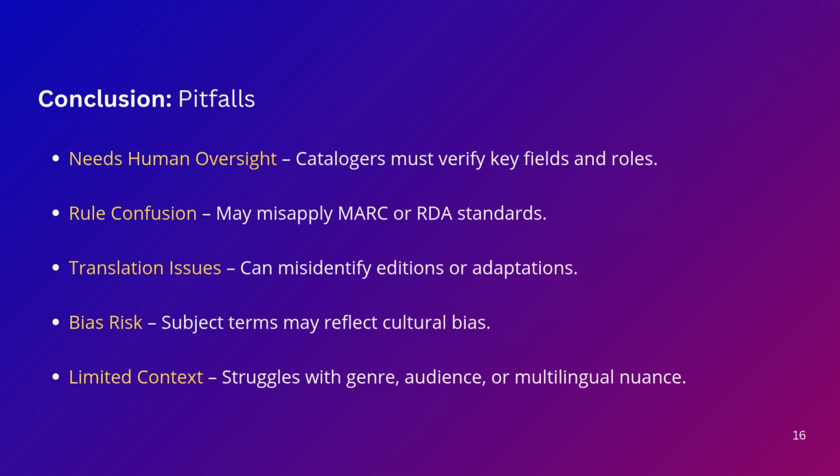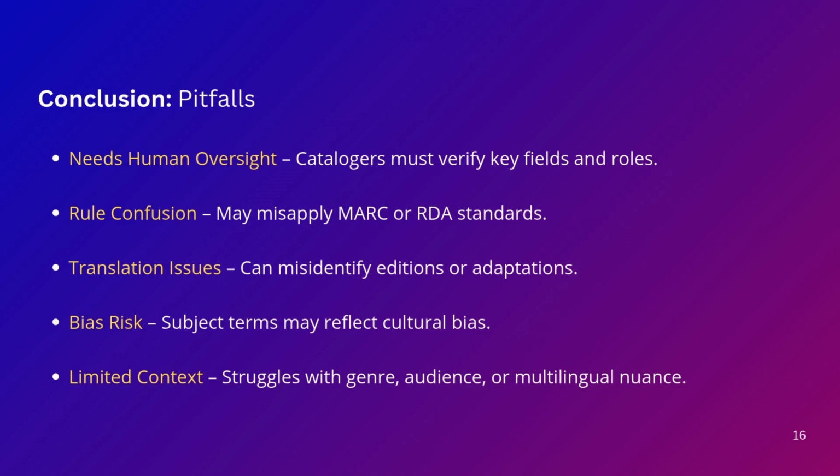When using AI in cataloging, while it can be a powerful tool, it still requires human oversight. Catalogers must carefully verify key fields and contributor rules. AI may also misapply cataloging standards, confusing AACR2 and RDA rules, especially in complex records. Translations and edition identification can be problematic, with AI sometimes misclassifying adaptations, especially with multilingual works.